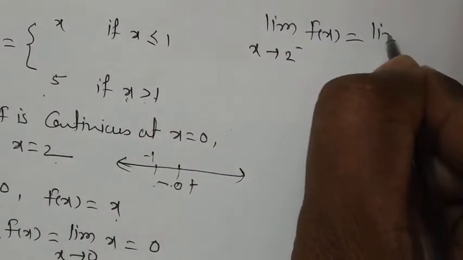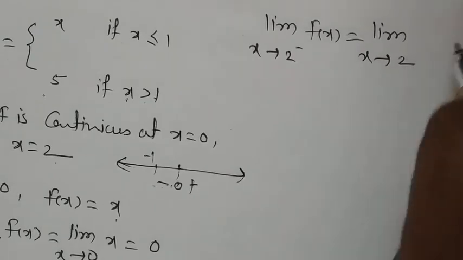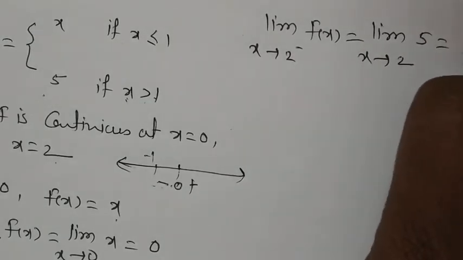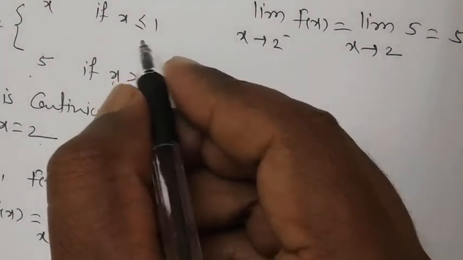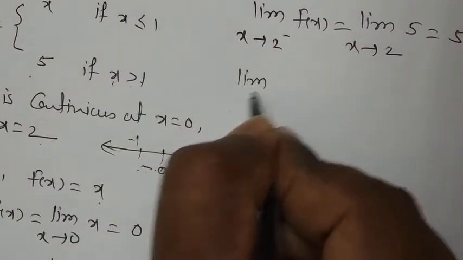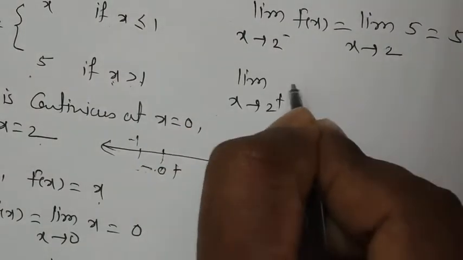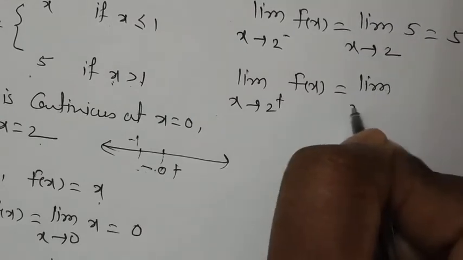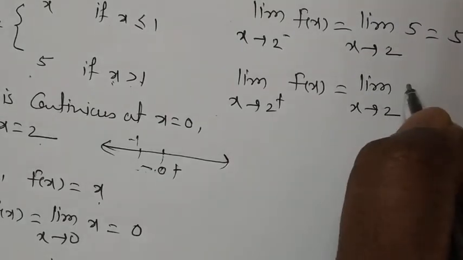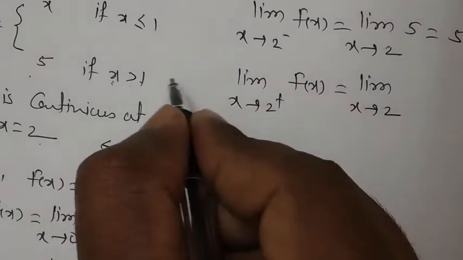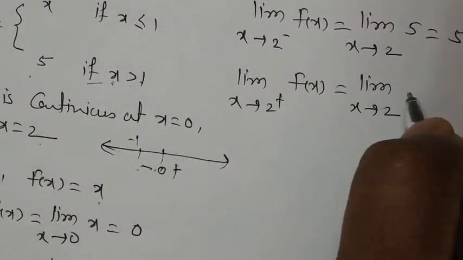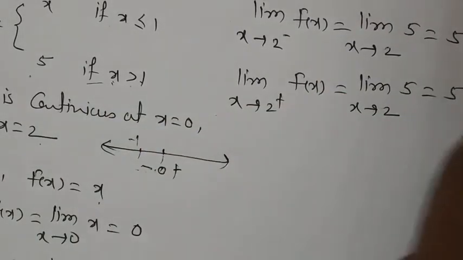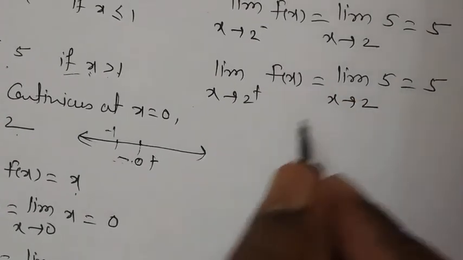Then limit x tends to 2 of 5, the answer is 5. And limit x tends to 2 plus f of x is equal to limit x tends to 2 of 5. Plus means what? Again no change, because it is again a singleton function, that is 5. Again 5. Both are equal.